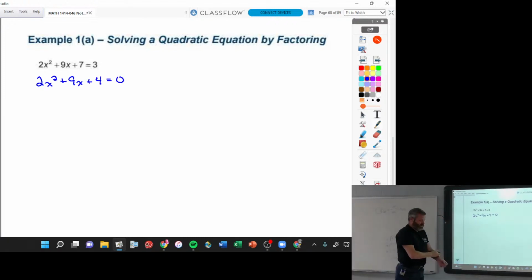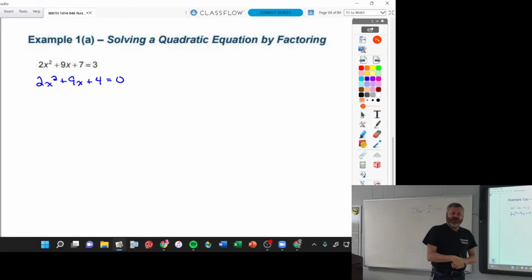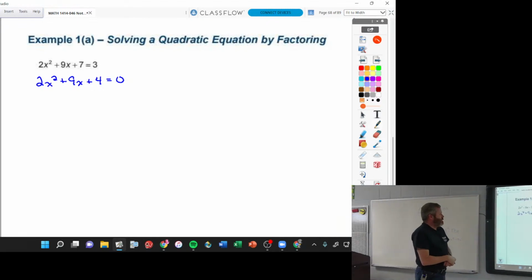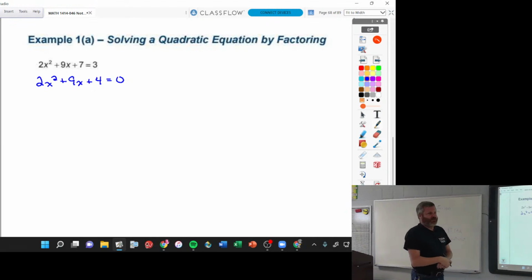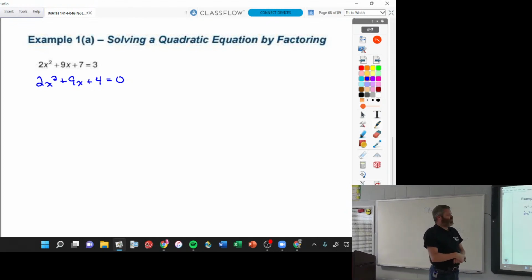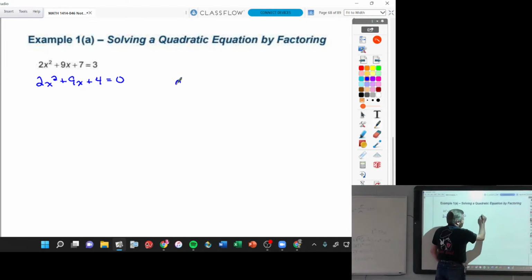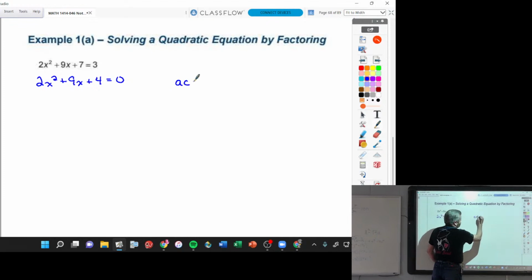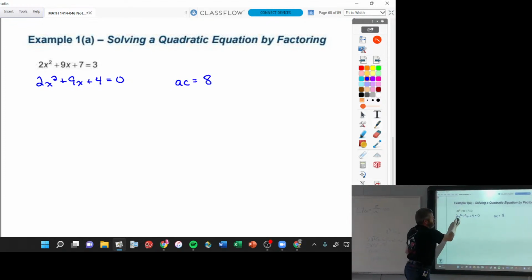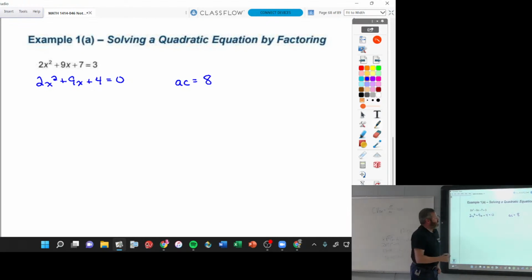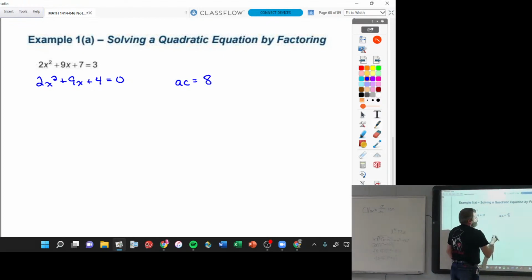And now we have to factor this. There are all kinds of different ways of factoring: box method, slide over method. But ultimately, I'll do this one by grouping. What is important is I need two numbers whose product gives me 8. I took a, which is 2, and c, which is 4. If I multiply 2 times 4 together, I get 8.